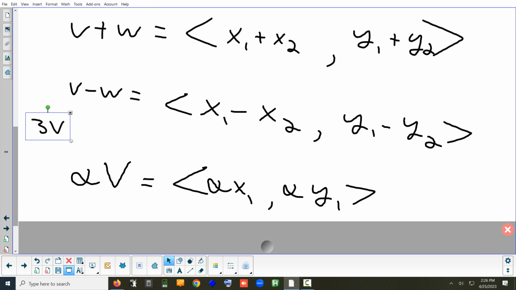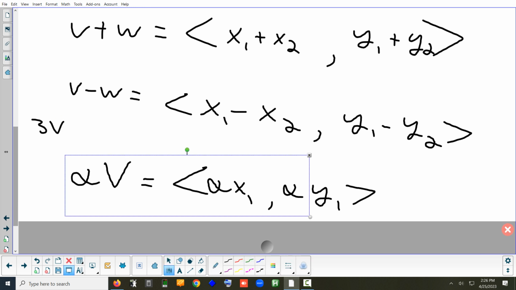If all we want to do is scale a vector, you take the number that you want to scale by. This could be a 3, a 2, could be anything, and multiply each component by that number. Scaling a vector is kind of like a distributive property. You're going to multiply the number that's in front times each number that's inside the angle brackets.